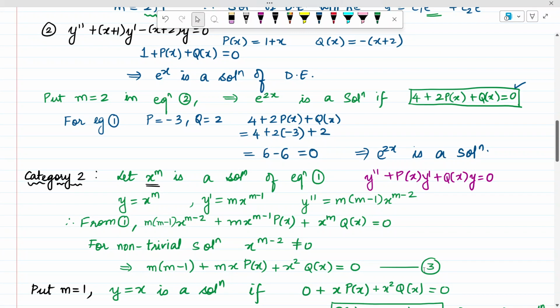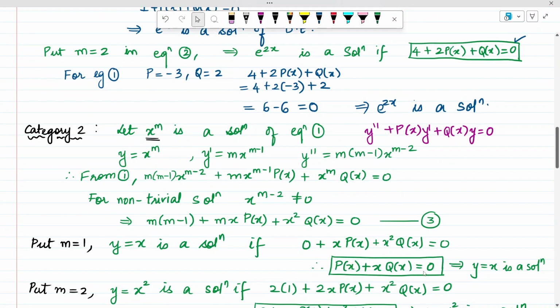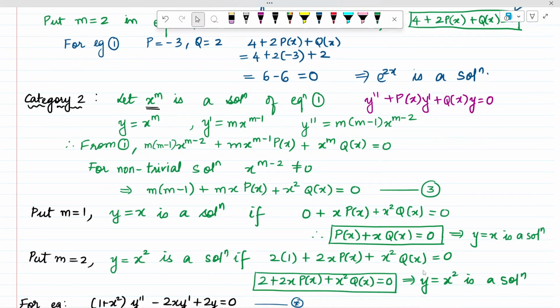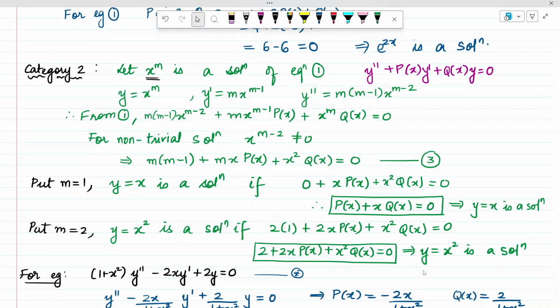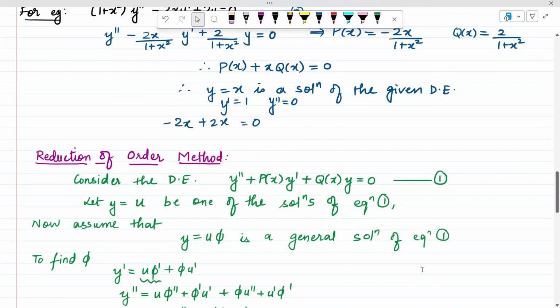On the other hand, we found x raised to m being one of the solutions. In that case, if p(x) plus x q(x) is equal to 0, then x raised to 1, that is x itself, is a solution. And if you have 2 plus 2x p(x) plus x square q(x) equal to 0, then y is equal to x square is the solution there. We saw some examples of the same category.